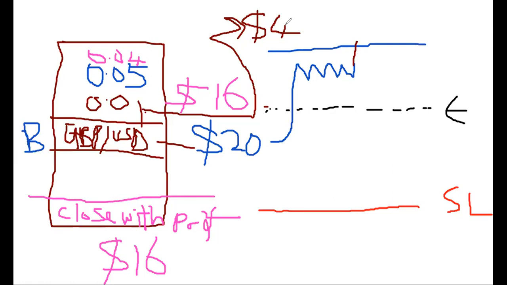But if this woman hits a stop loss, and let's say the stop loss is minus $7, minus $7 away from $16, what will you have left? You have $9 left.